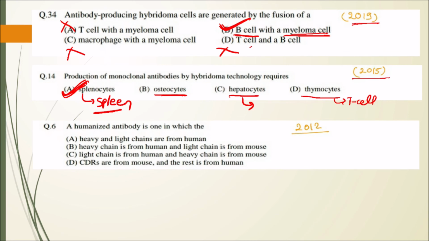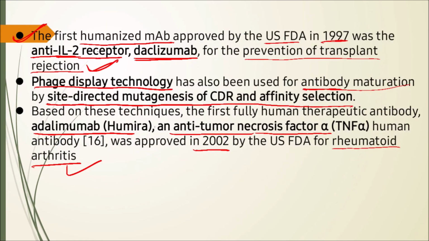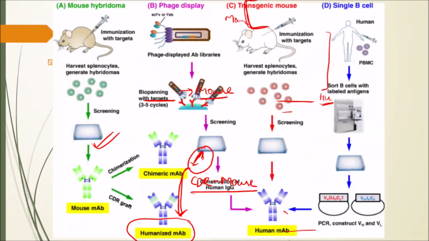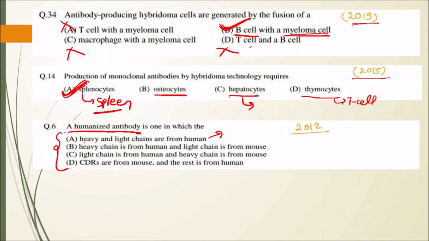Coming to the next question, a humanized antibody is one in which: first option, heavy chain and light chain from human? No. Heavy chain from human and light chain from mouse?